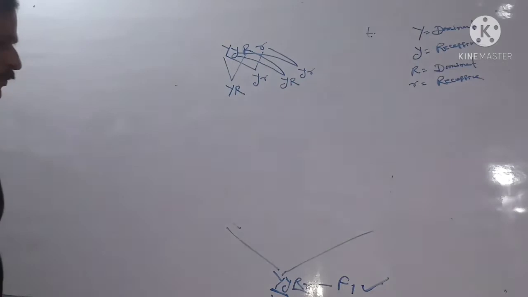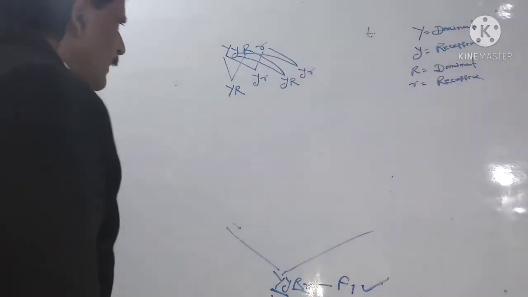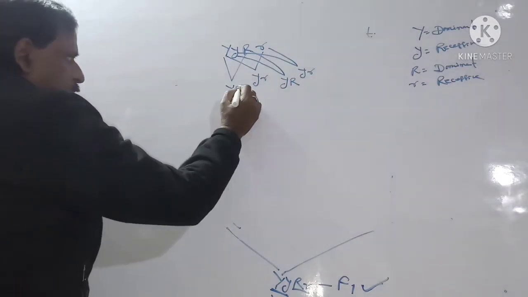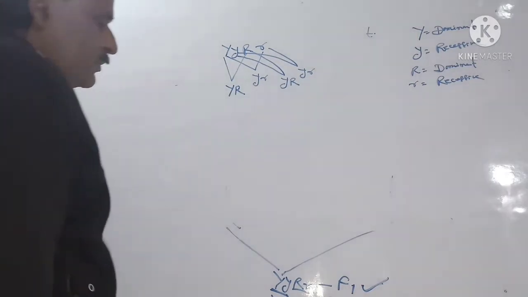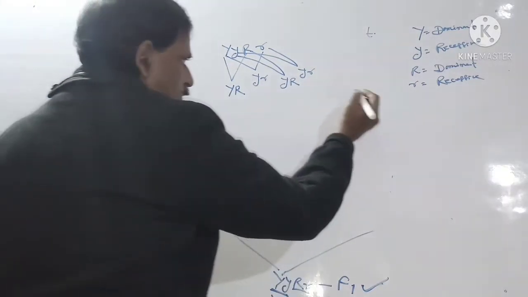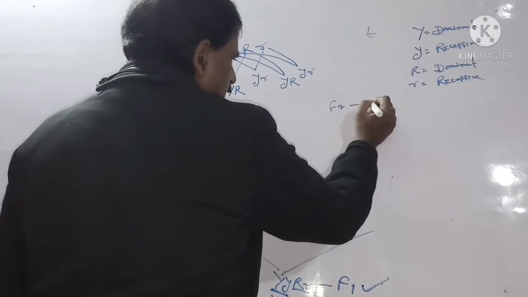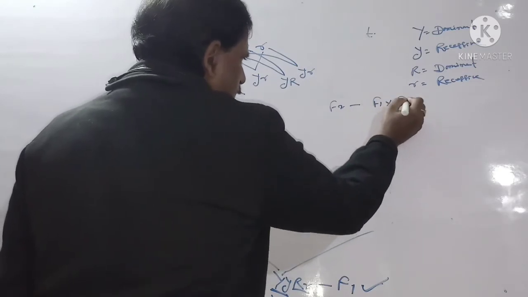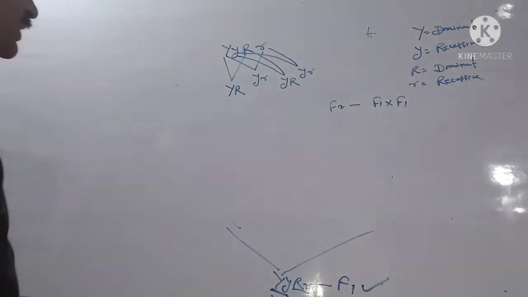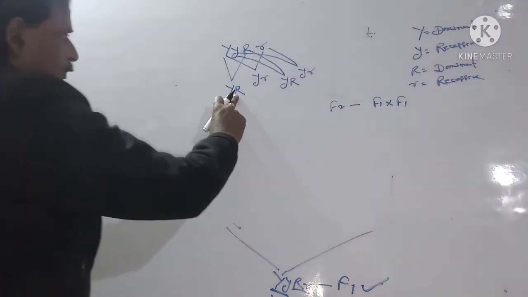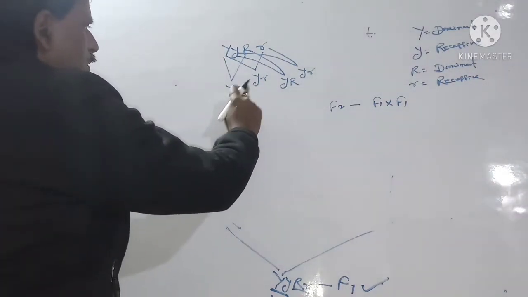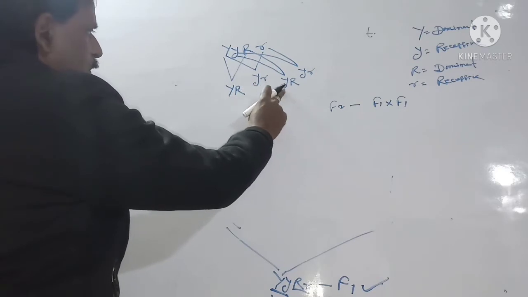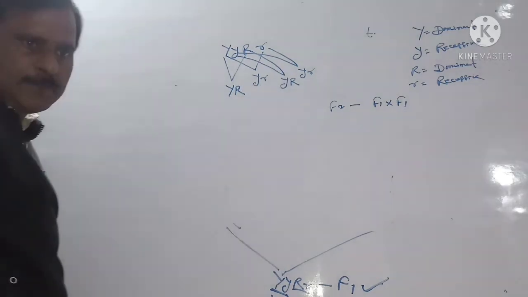These are the gametes of the F1 generation. When we cross F1 with F1 to find the F2 generation, the gametes of F1 are capital Y capital R, capital Y small r, small y capital R, and small y small r.